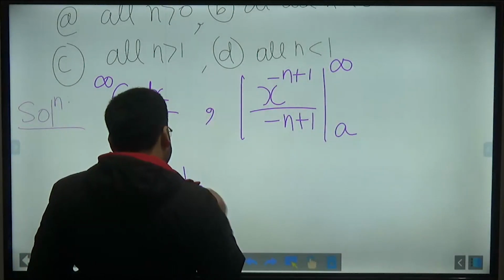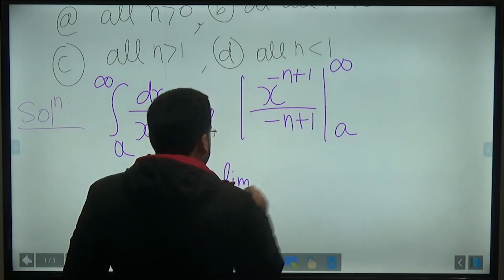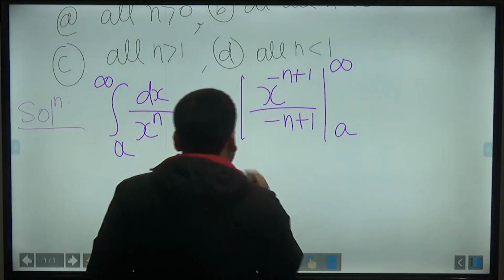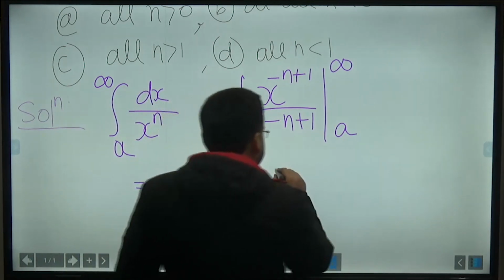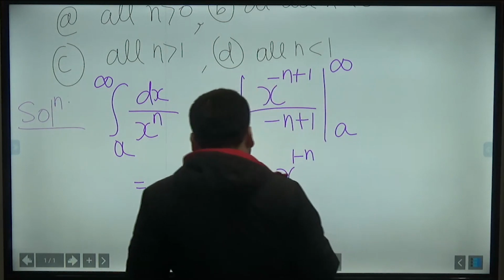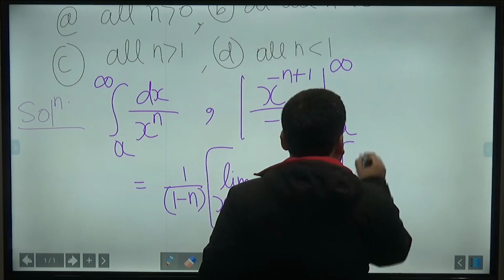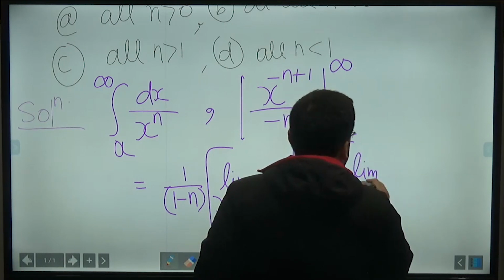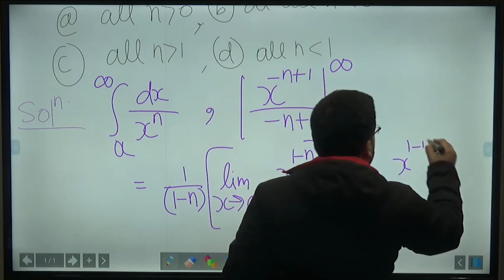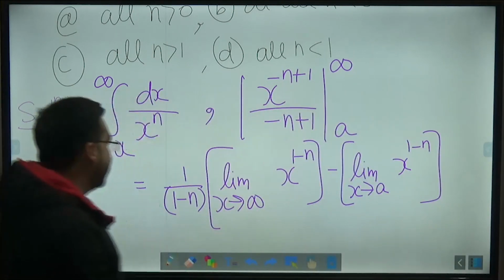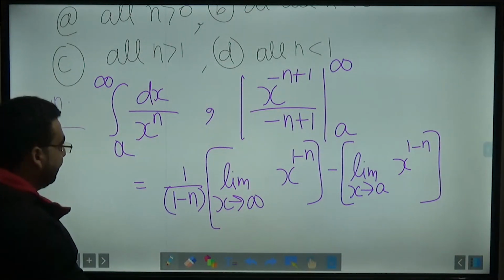It will be 1 upon 1 minus n. Then we have limit x tending to infinity, the upper limit, x raised to the power 1 minus n, minus lower limit, limit x tending to a, x raised to the power 1 minus n. So this is what it is.